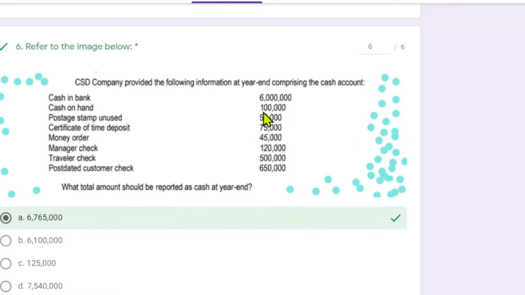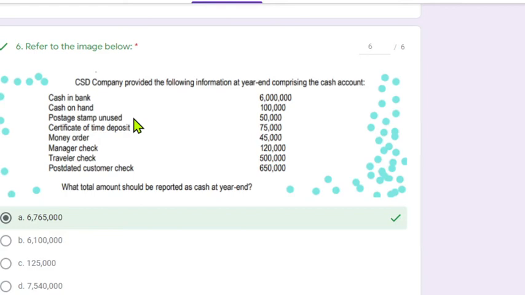So, isa-isahin natin. The cash in bank, 6 million, kasama yan. Cash on hand, 100,000, kasama yan. Postage stamp unused. Ano ibig sabihin itong postage stamp unused? Natatandaan mo, pag nagpapadala ka sa post office, merong nilalagay doon na mga selyo o yung mga stamp, yung mga 15 pesos, 30 pesos.